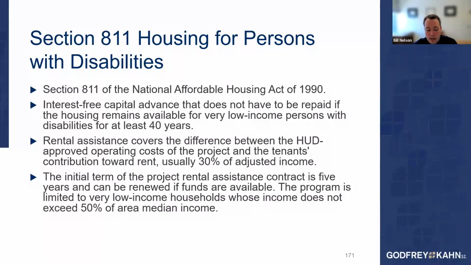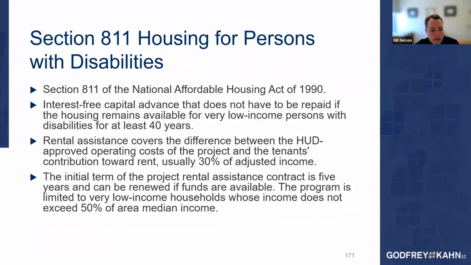The income eligibility rules are the same, and the capital advances and rental assistance services component work the same. So the tribe would need to partner with a nonprofit developer under an arrangement where the tribe provides long-term lease contracts to provide managerial or other support services in order for this project to go. But instead of elderly, it's people with disabilities.